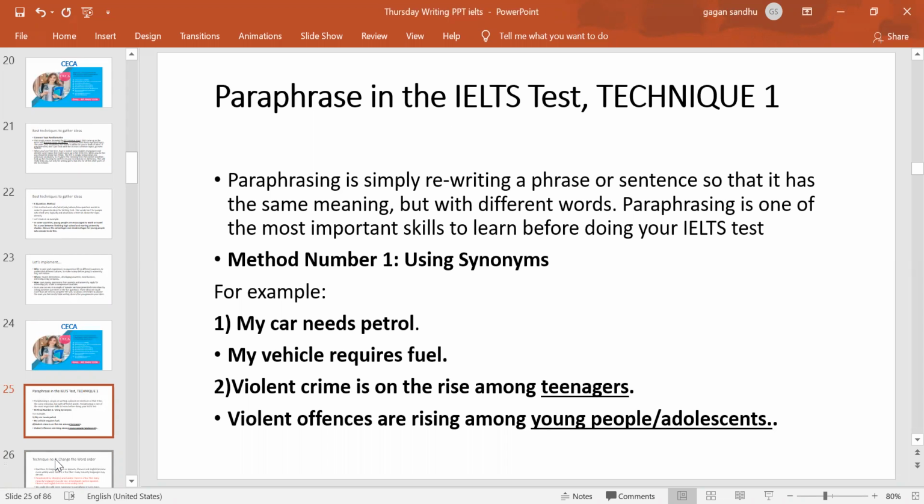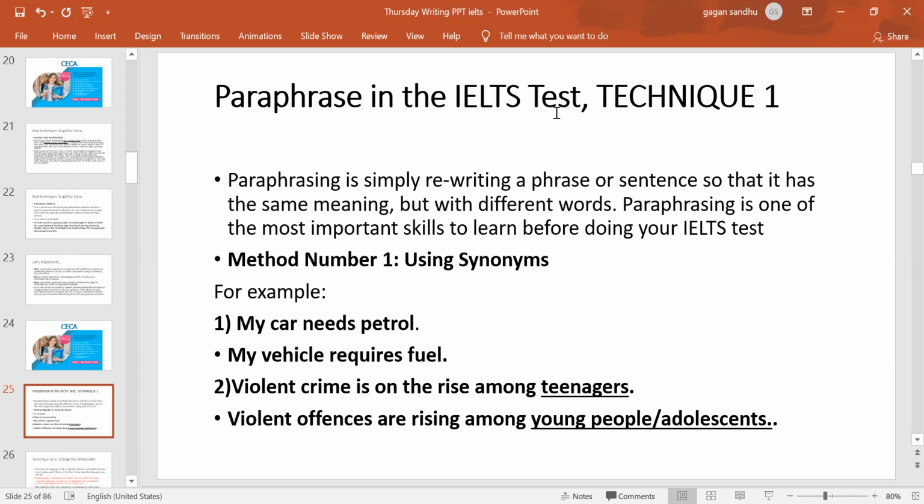So paraphrasing is the inseparable part of the IELTS exam. You see, the listening, it is paraphrased. Reading, it is paraphrased. And here in the writing, we need paraphrasing as well. So it is rewriting a phrase or a sentence so that it has the same meaning but with different words.